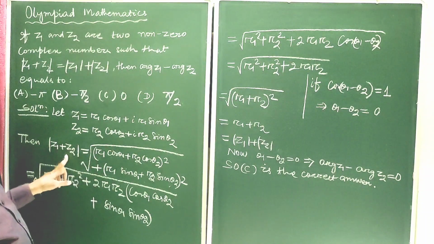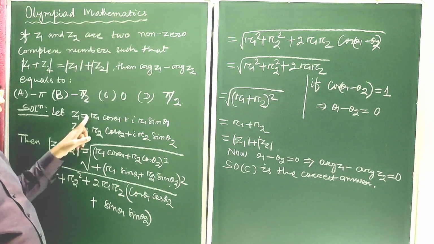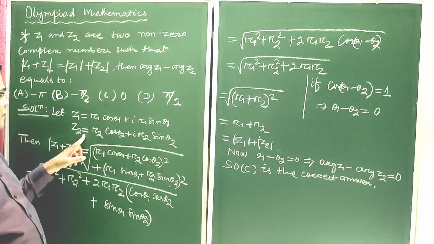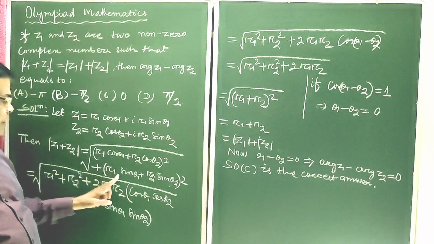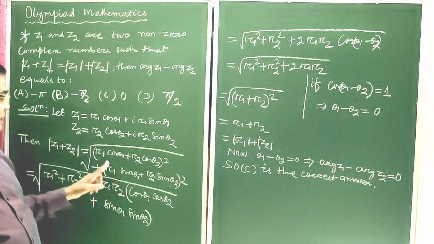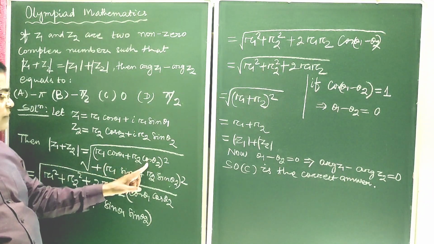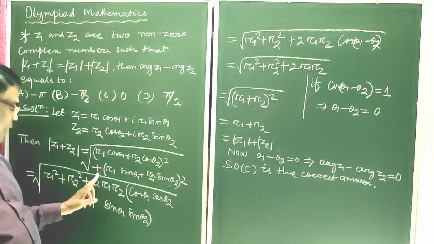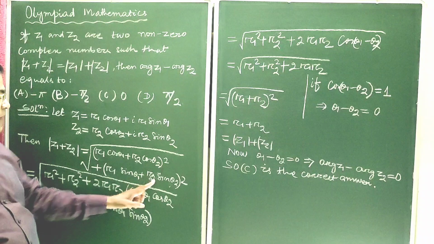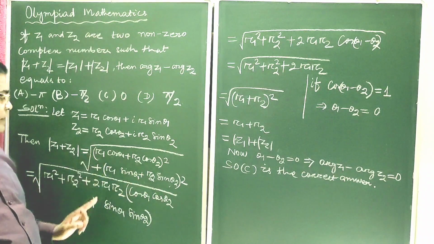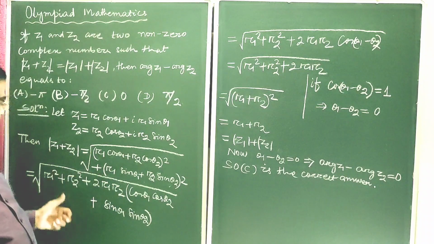Now Z1 plus Z2 whole absolute value will be, after addition, real part square plus imaginary part square. That is R1 cos theta 1 plus R2 cos theta 2 whole square plus R1 sin theta 1 plus R2 sin theta 2 whole square. This is real part, this is imaginary part.